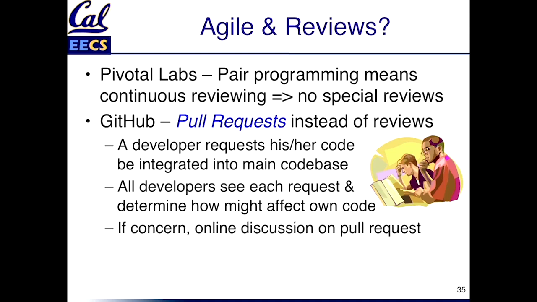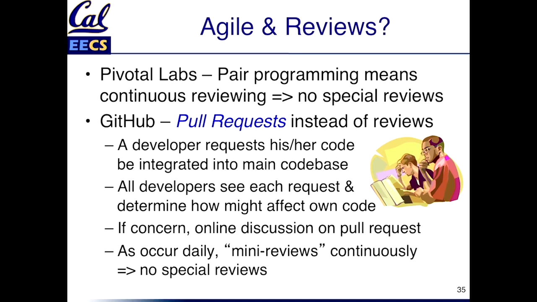And if so, then they're supposed to raise it as an online discussion as part of this pull request. And so basically, because people are doing these code reviews all the time, every day, there are mini reviews happening continuously. So once again, another Agile organization doesn't do special reviews. They just do this pull request. So that's how that fits in.